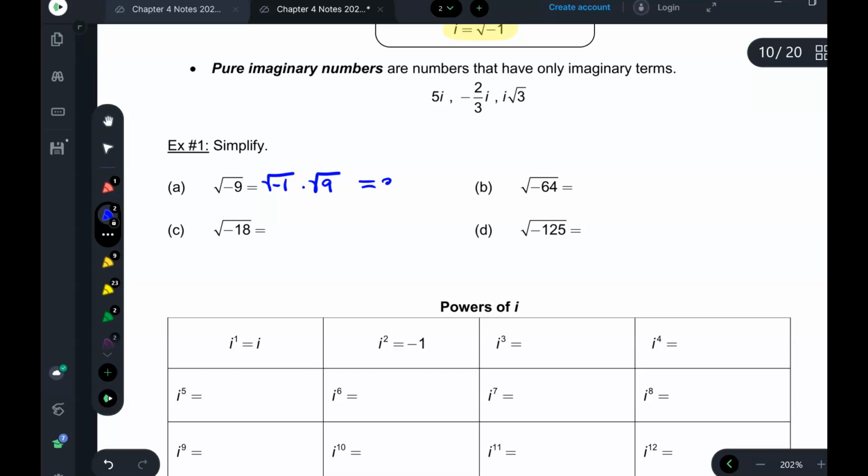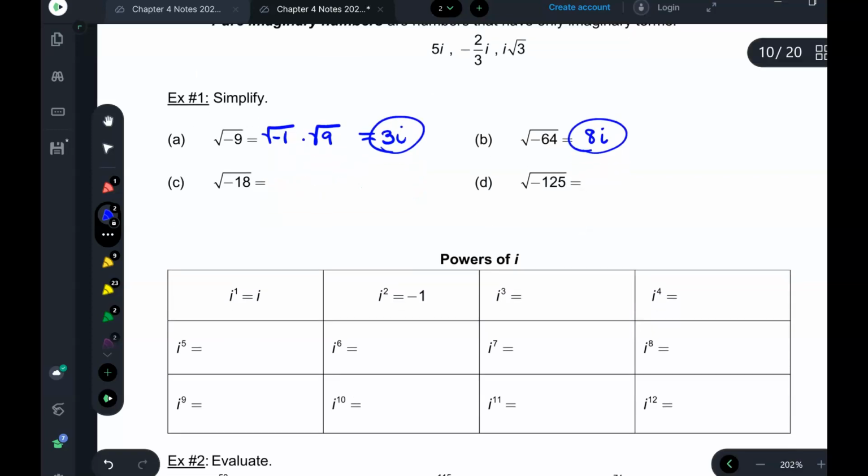What's the square root of negative 125? We're going to have to simplify that. So basically take the square root and we're just going to tack on the i at the end. Now square root of negative 18. Pretend, let's kind of ignore the negative for the moment. How can I simplify square root of 18?